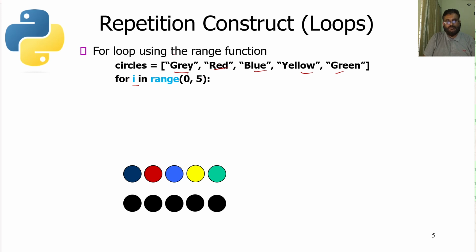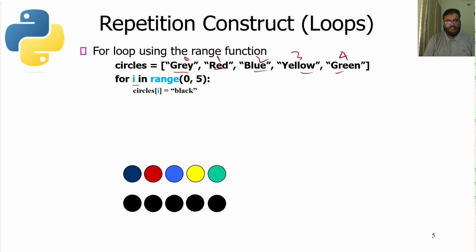That also happens to be the indices of this list: 0, 1, 2, 3, and 4. Now I will be accessing each element through its index in this list, which will be ranging from 0 to 4. And now I can assign circle I equal to black. So each index will be replaced with black instead of the color which was stored there.